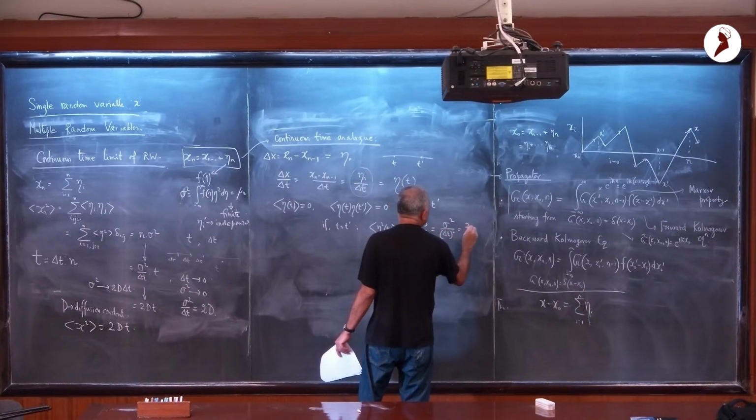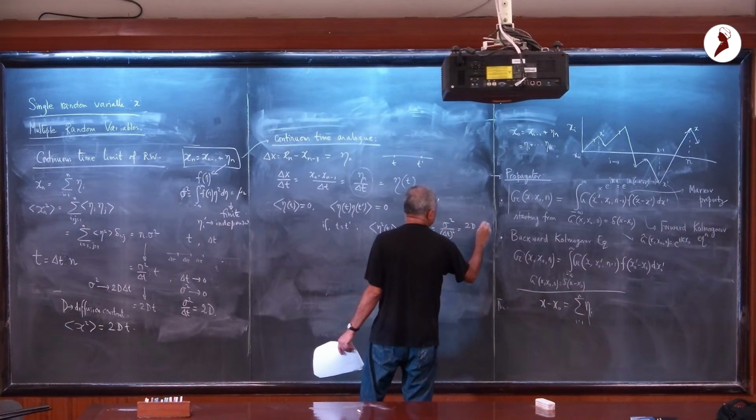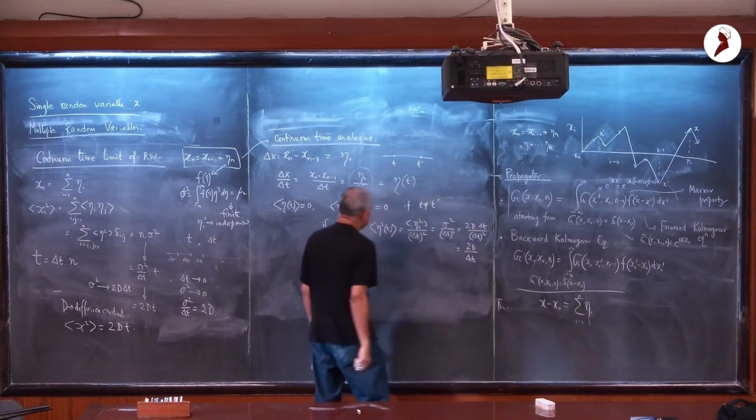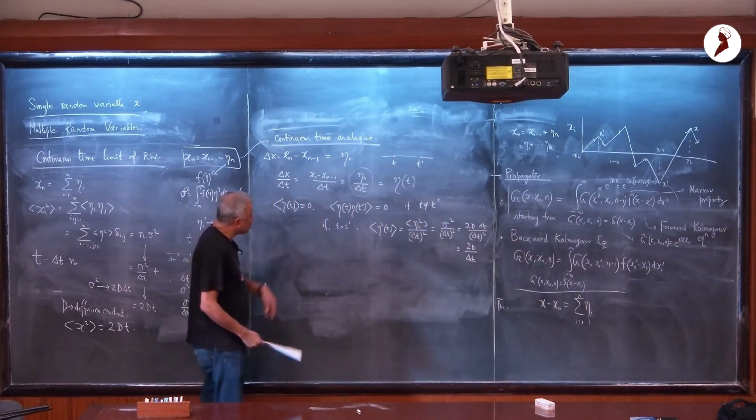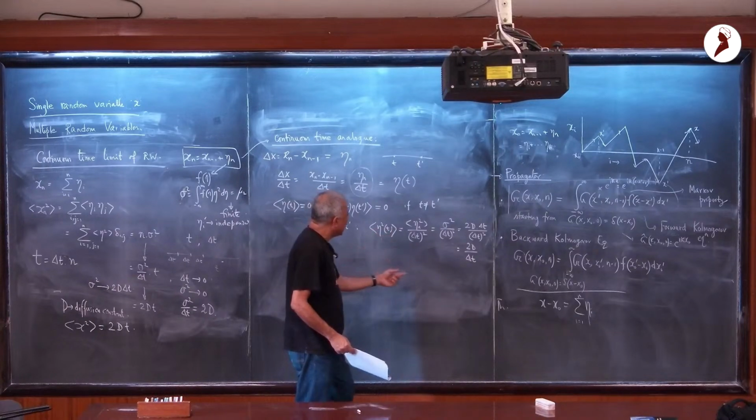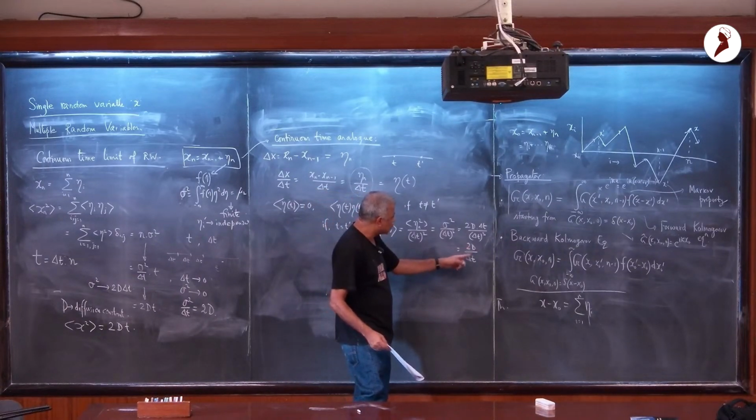But sigma square we have rescaled already as 2d times delta t. So therefore, the whole thing behaves like 2d times delta t. So in the continuous time language, the noise at a given instant, eta square of t, it actually diverges as 2d over delta t.